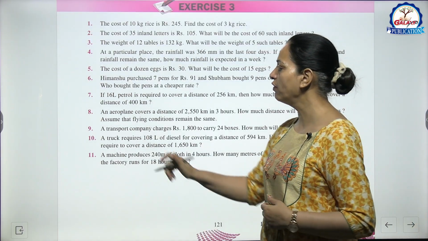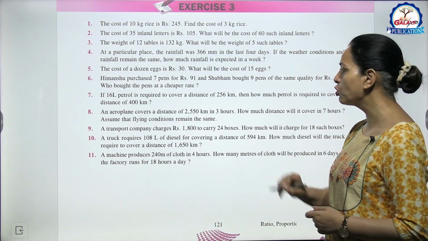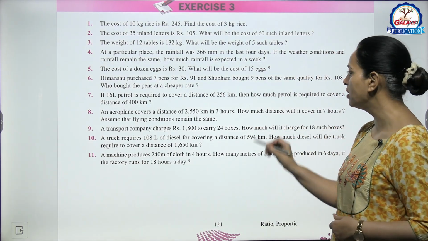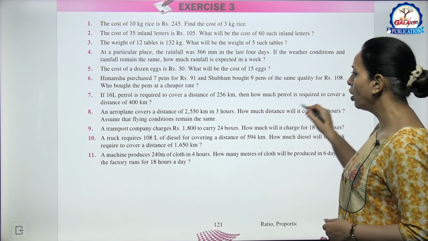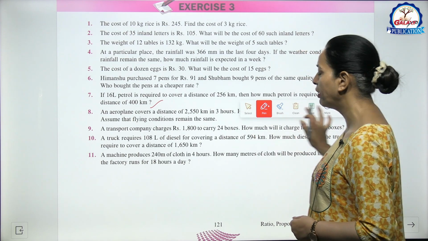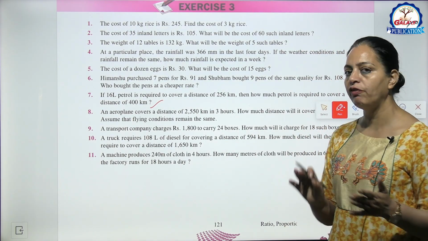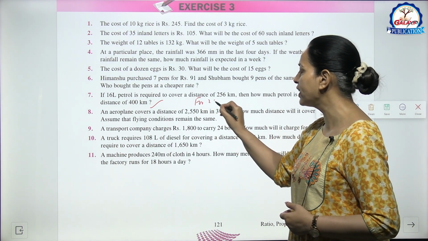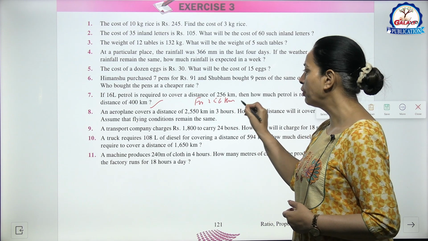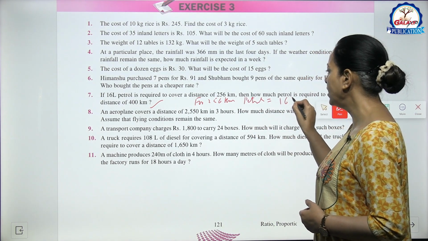Now seventh question, if 16 liter petrol is required to cover a distance of 256 kilometer, then how much petrol is required to cover a distance of 400 kilometer? हमें quantity of petrol find out करना है. It will be on the right side. So for 256 kilometer, petrol required how much? 16 liter.